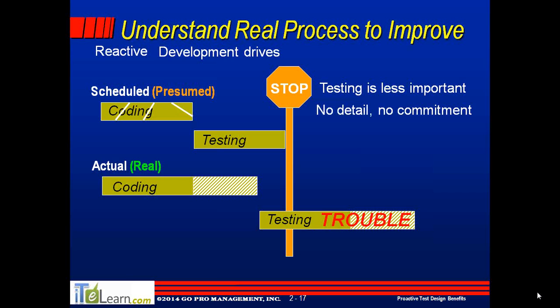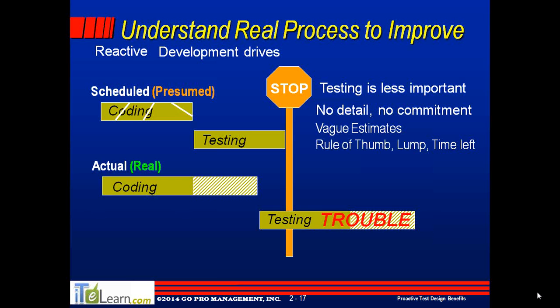However, when you don't have that detail, there tends not to be commitment. And with testing, there tends not to be detail. And so what happens is that we get vague estimates and no commitment.